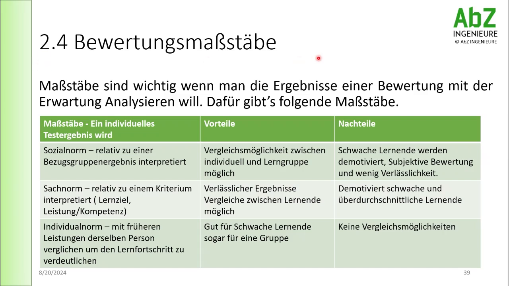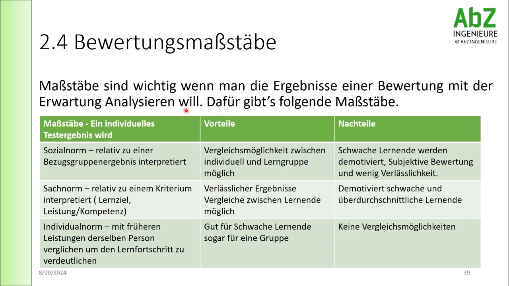Then we go to Bewertungsmaßstäbe. First up, what exactly is a Maßstäbe? Maßstäbe are measurement levels or criteria with which you are going to compare the results of an assessment and compare the expectation.